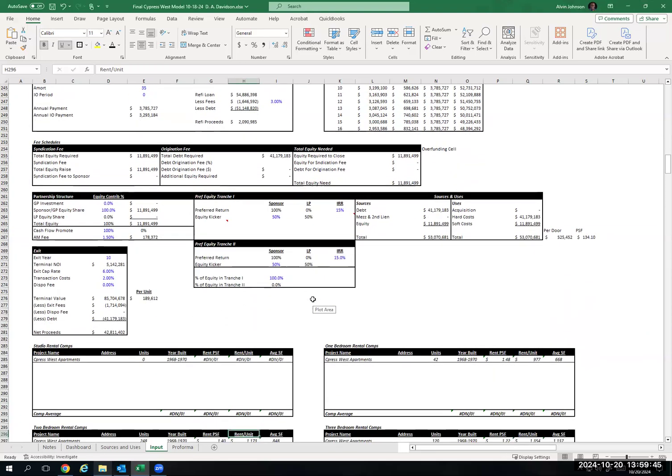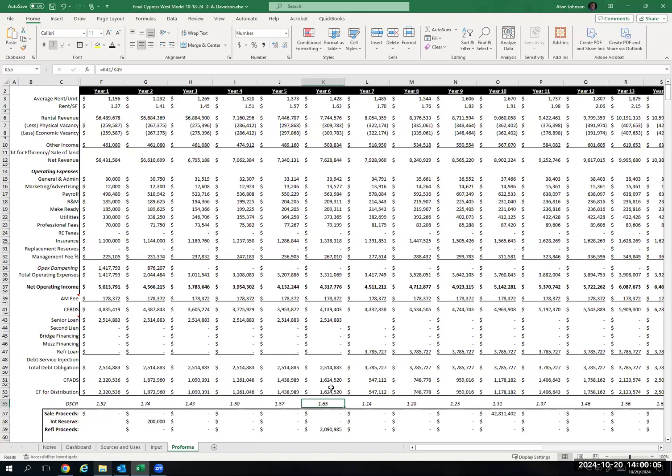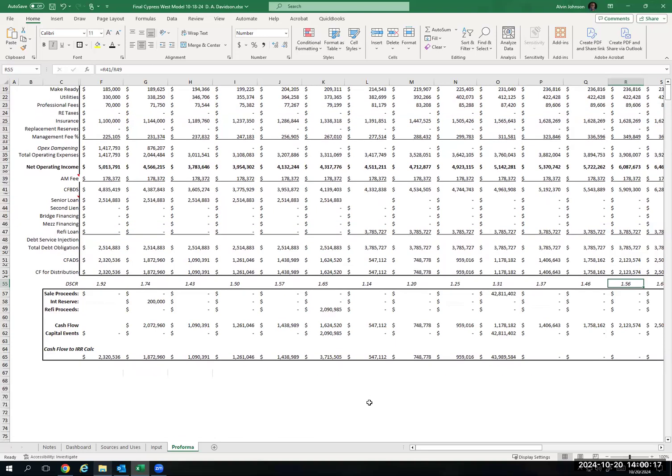You hold this property 10 years, 10 years, $85 million value. After paying off the 10 million up here with the refi, you still got 42 million left at 4 years after refinancing this thing. And this is an affordable property on the West Bank of Louisiana. On the refi, I dropped to a 114 debt service coverage, but then we come back up to a 120, 121. So this thing just makes money all the way down the line.